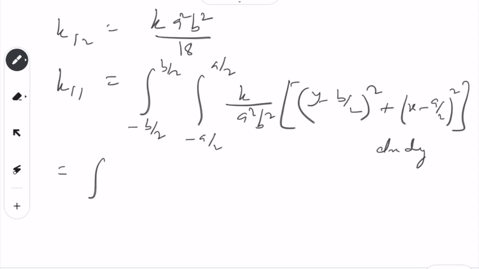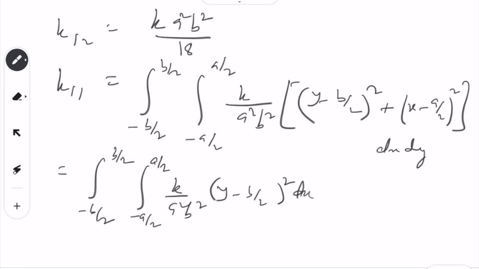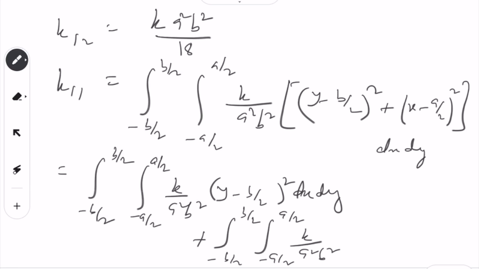Minus b over 2, minus a over 2, k over a square b square, then y minus b over 2 squared dx dy, and similarly we can have plus, minus b over 2 to b over 2, minus a over 2 to a over 2, k over a square times b square, x minus a over 2 squared dx dy.